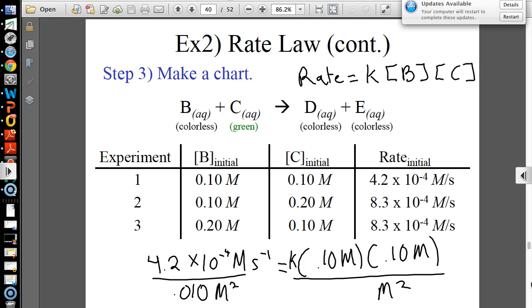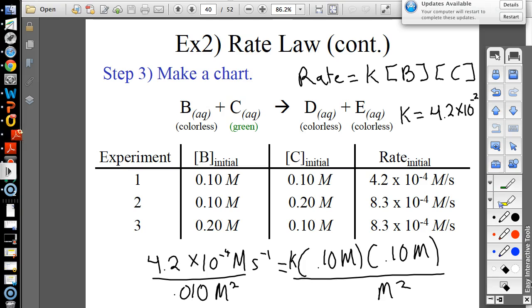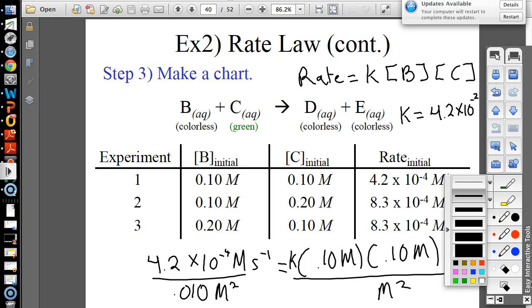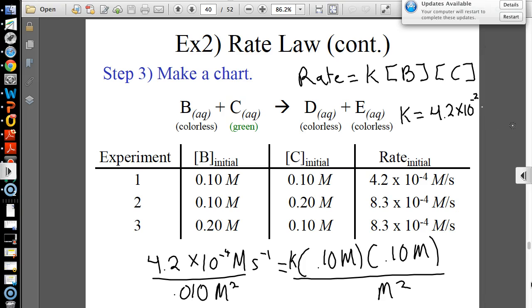That's super handy. It never goes away. It sucks when you're having to learn it. Should we leave the answer? So this is second order, so I'm going to have to have a M^-1 and then an s^-1.